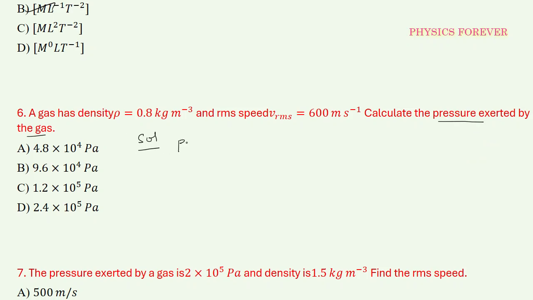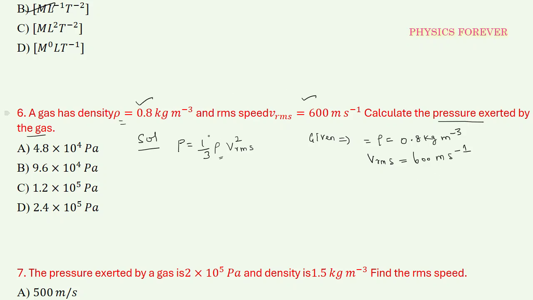What is given? The density rho is given, rho equals 0.8 kilogram per meter cube. The root mean square speed is also given, V RMS equals 600 meter per second. Everything is given in the question itself.